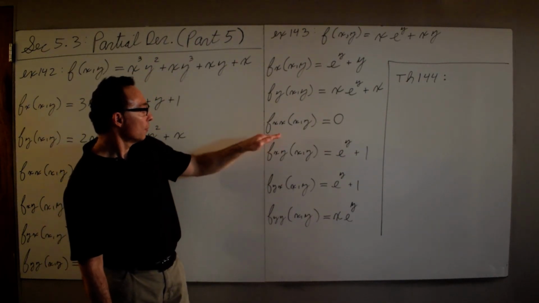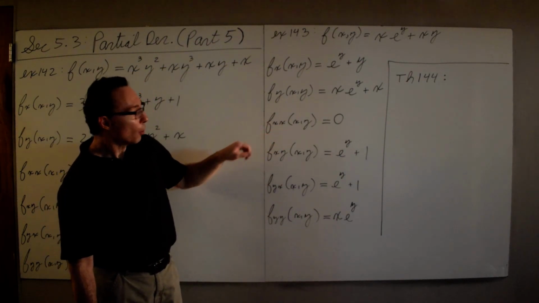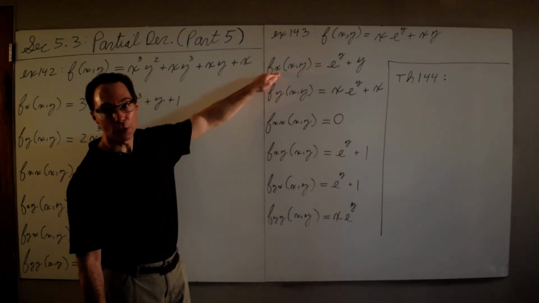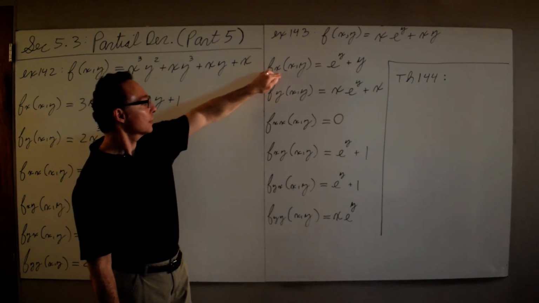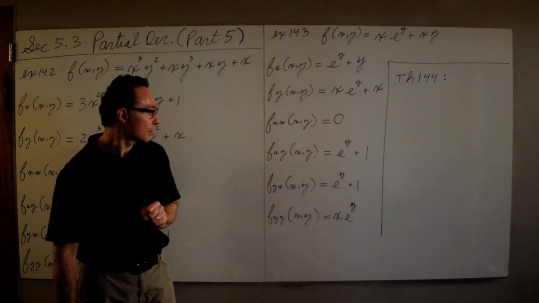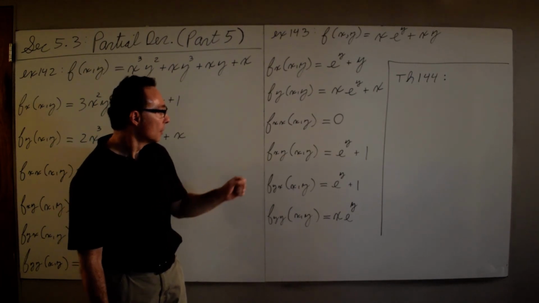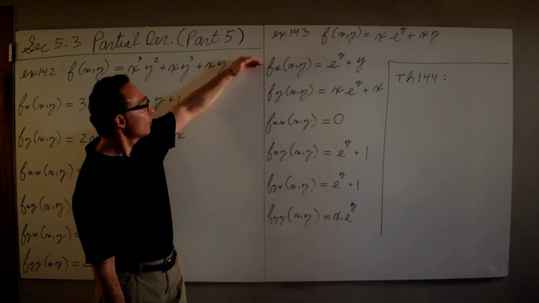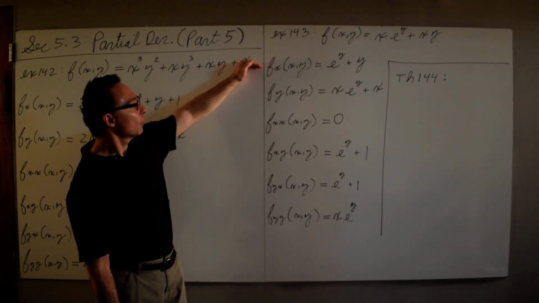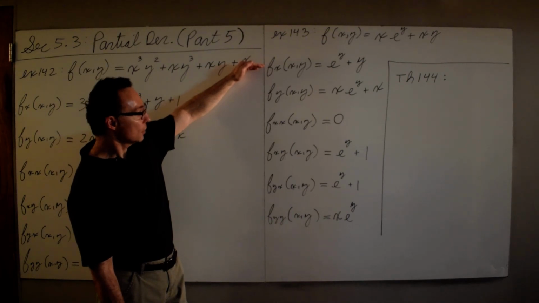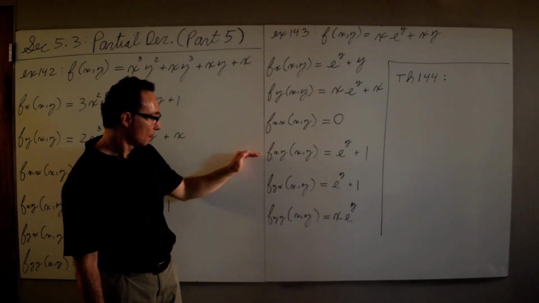For f sub xx, we take the partial derivative with respect to x of e to the y plus y. That's just 0 because we're considering y as a constant. For f sub xy, we start with the partial derivative with respect to x and calculate the partial derivative with respect to y, and that's just e to the y plus 1.